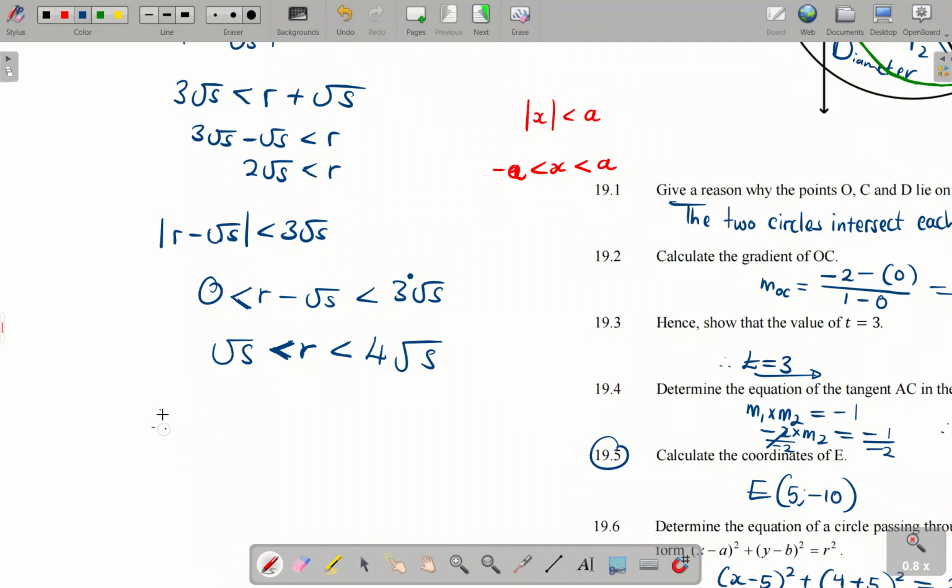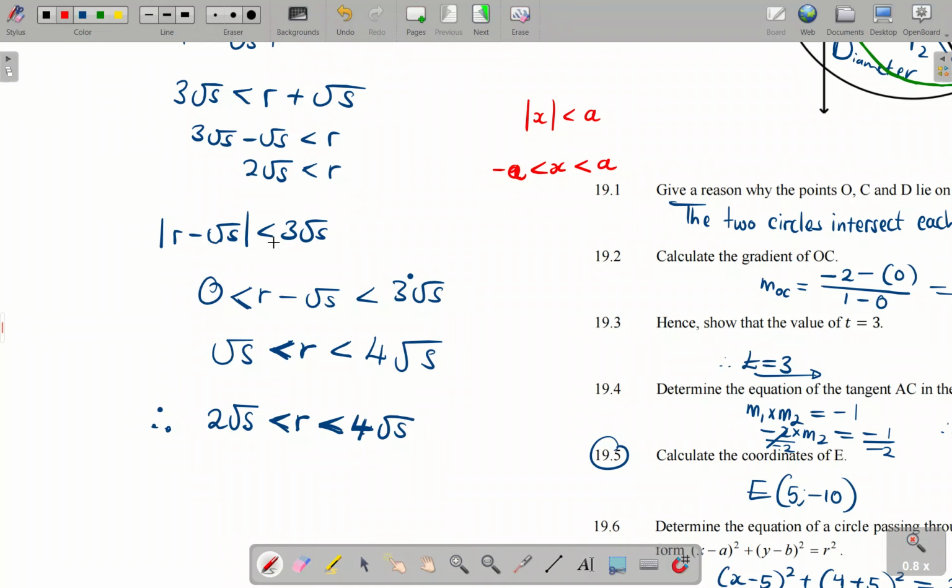Therefore, the possible values of r is that r has to be less than 4 square root of 5 but greater than 2 square root of 5. So this is it, guys. It was complicated, but yeah, that's the answer then.